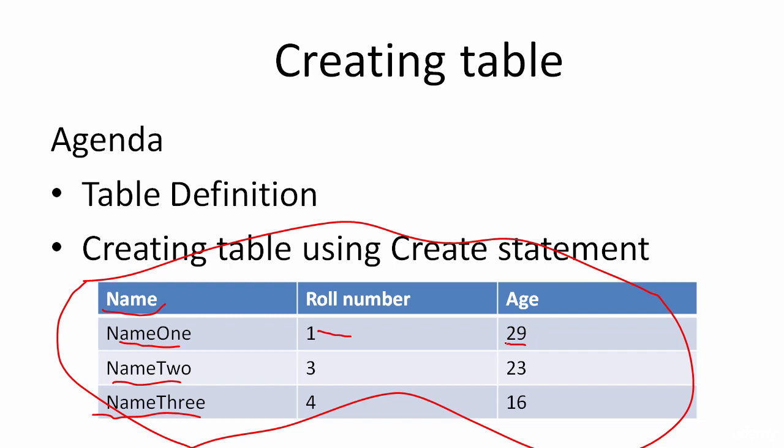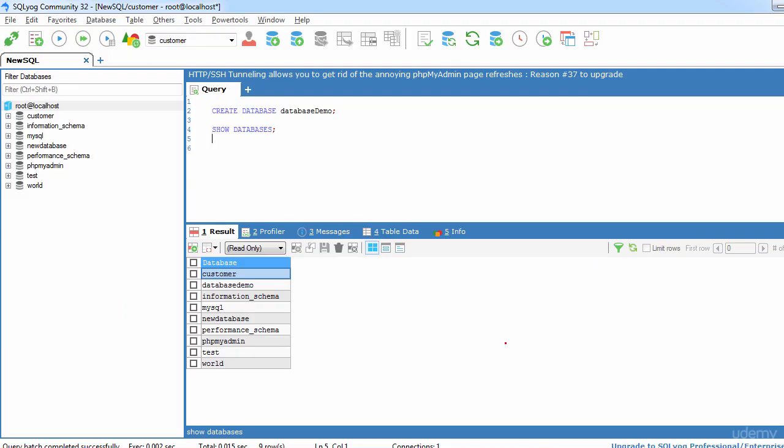So why don't we move back to the MySQL database, and let's see how we are going to create the table. In the previous lecture, we created one database and also verified that the database had been created. Now we are going to select this database for our table creation.